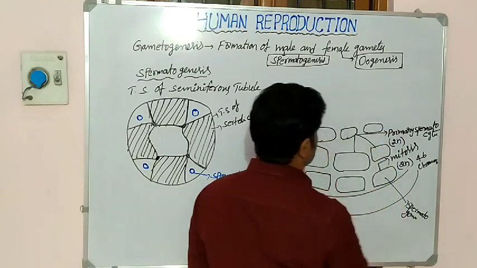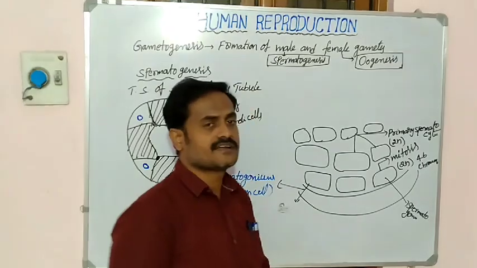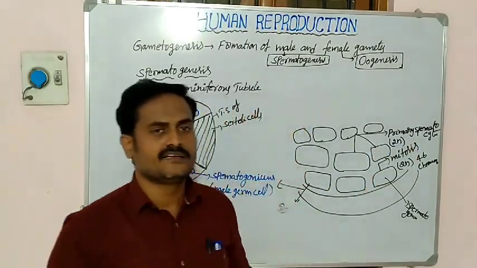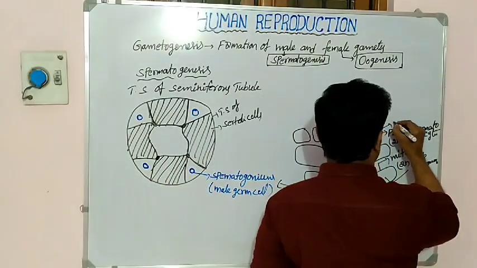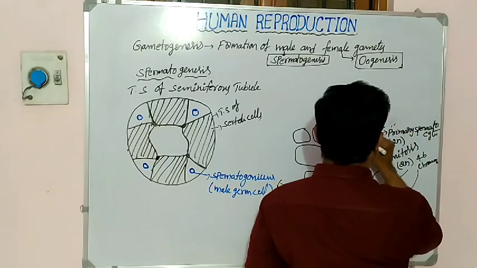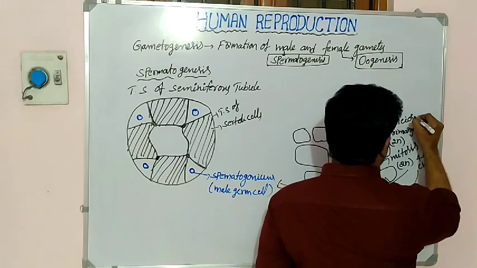It consists of majorly two subphases. What is the first one? Meiosis one. So, the primary spermatocyte is involved in meiosis one.